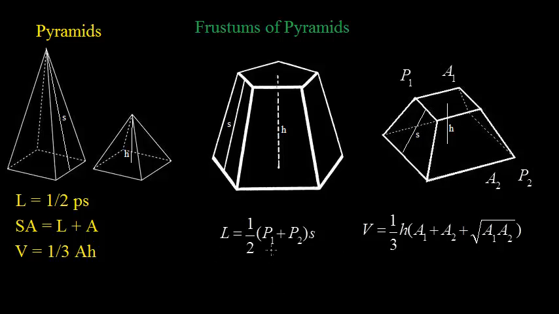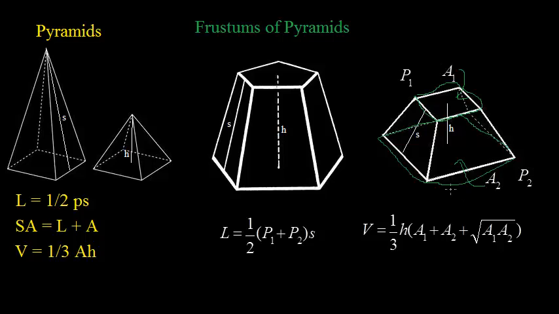Our formulas here, we have P1 and P2. P1 refers to the perimeter around the top of the frustum. P2 refers to the perimeter around the bottom of the frustum. A1 then is the area of that top base, and A2 is the area of the bottom base.